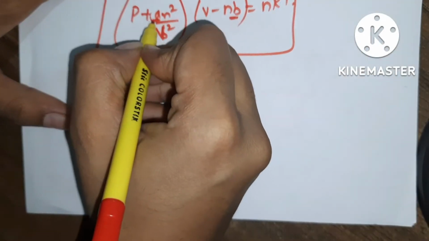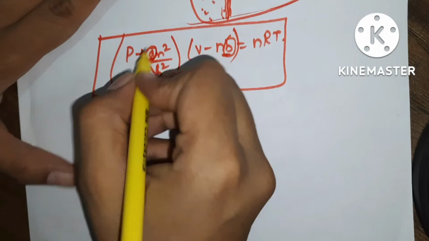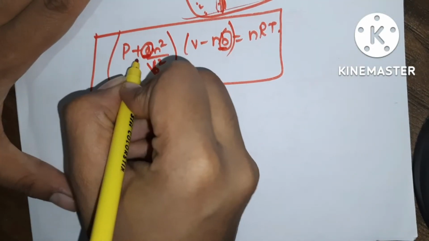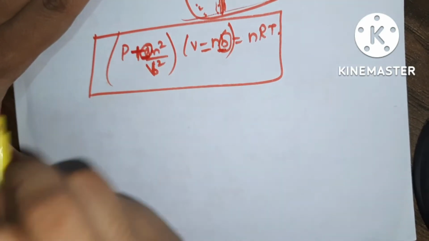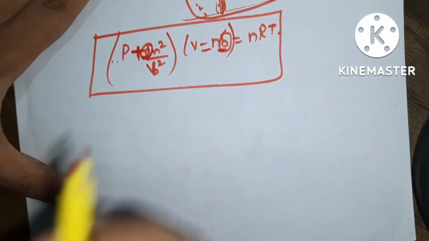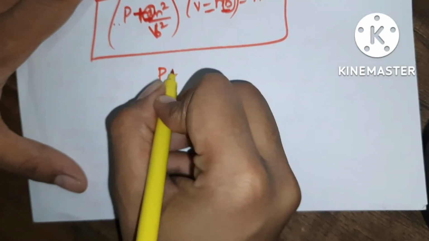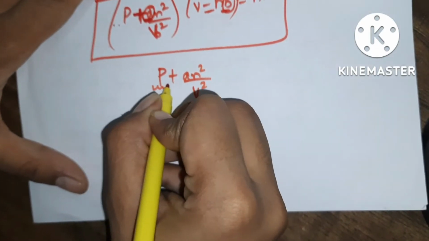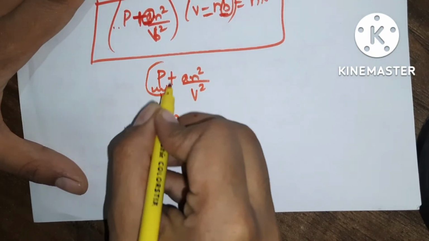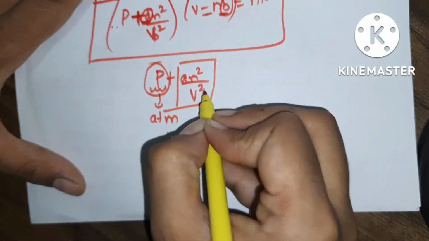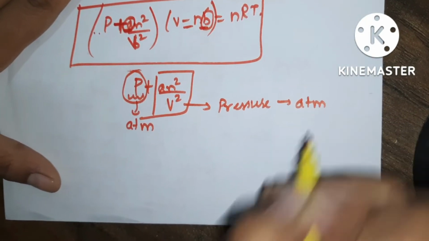So how can we calculate the units of a and b? You don't need to remember these values. Just remember, if there is a plus sign or minus sign, only parameters with the same unit can add or subtract from each other. For example, P + an²/V². If pressure is in atmosphere, Pascal, anything, then this whole quantity is also pressure, and its unit is atmosphere.